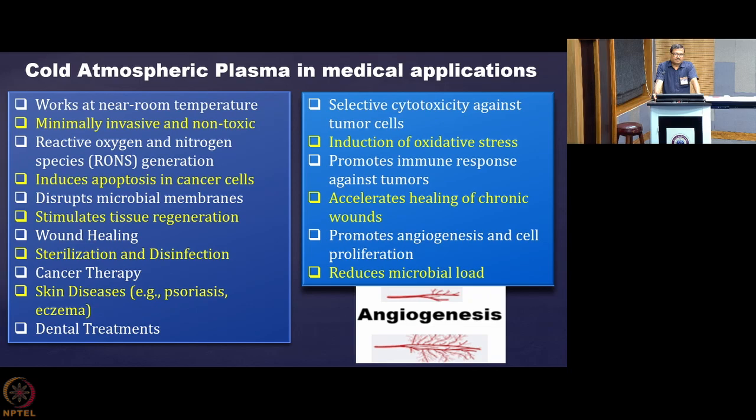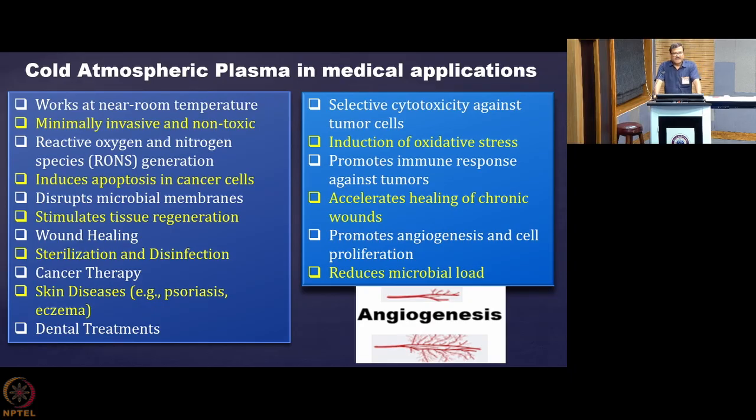Now, these plasmas are minimally invasive and they are non-toxic. So, this is a very important thing, that they should be non-toxic. Usually, it is the reactive oxygen and nitrogen species, we call it RONS, through which they interact with the living organisms.